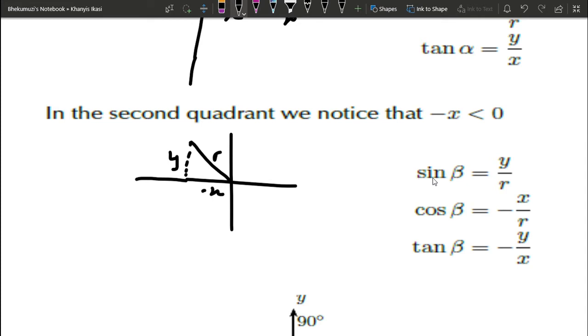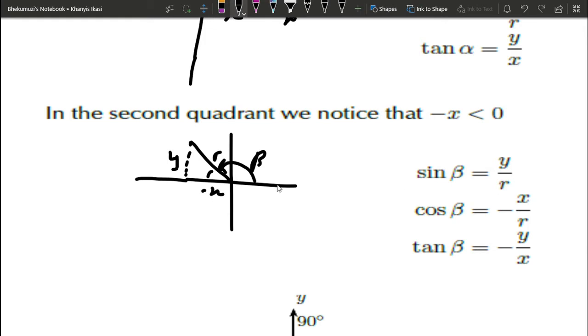Now sine beta, which is measured anti-clockwise from the positive x-axis, you would see that this would be positive.